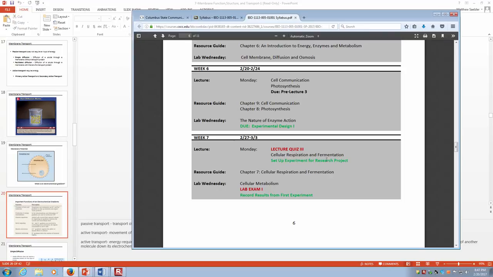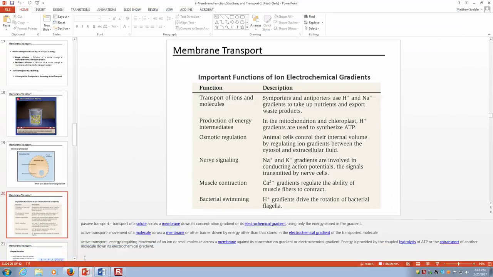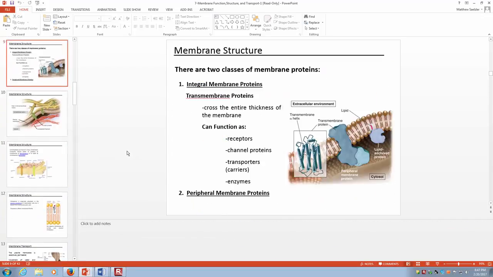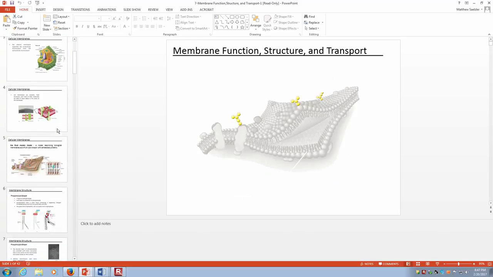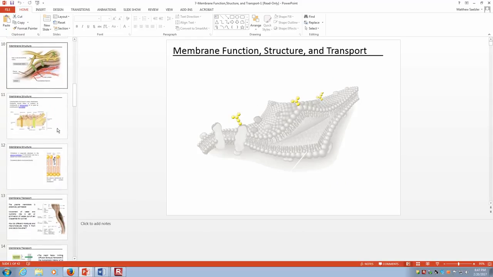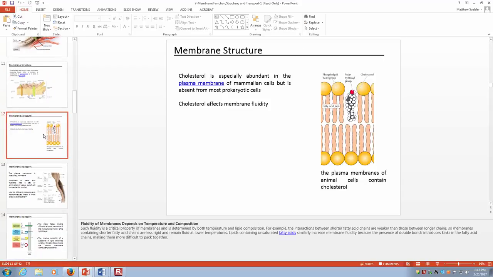It's also going to cover all of viral structure and reproduction. And then it's also going to cover the membrane structure, synthesis, and transport, but only slides 1 through 12.